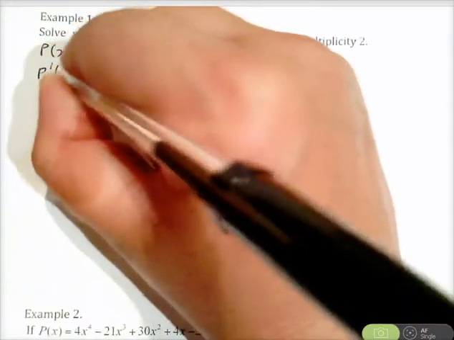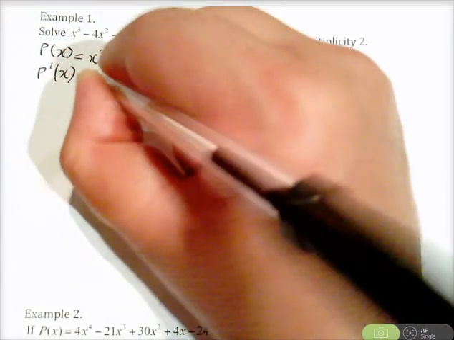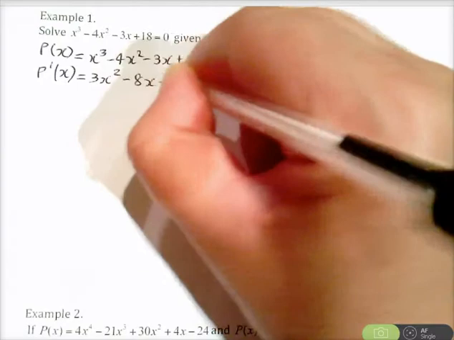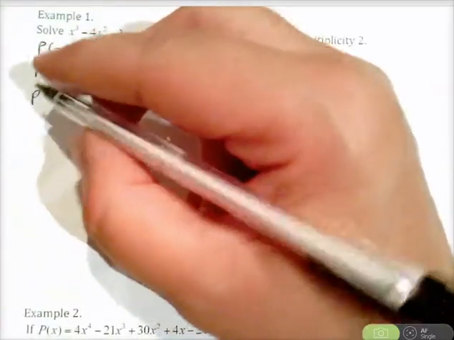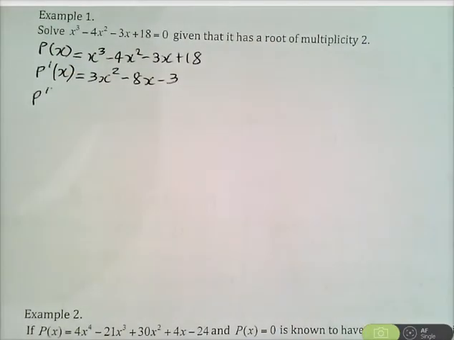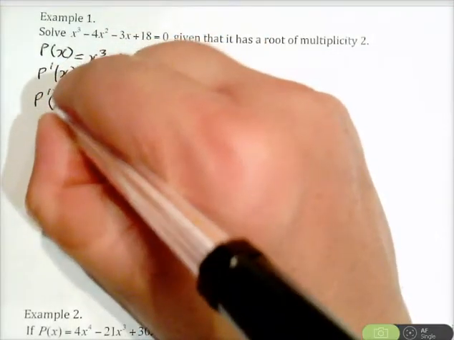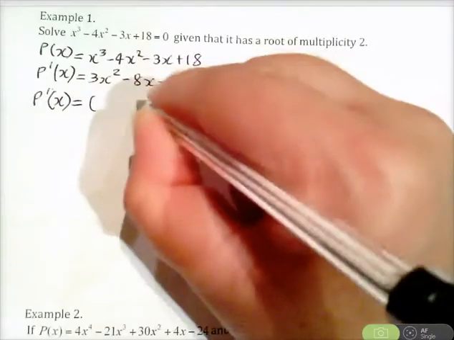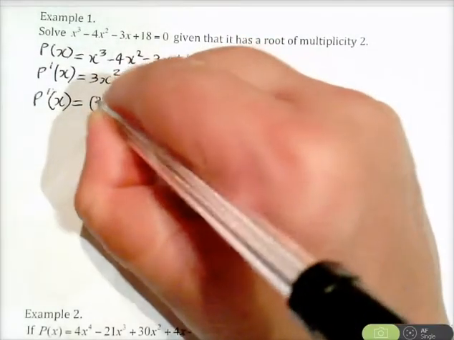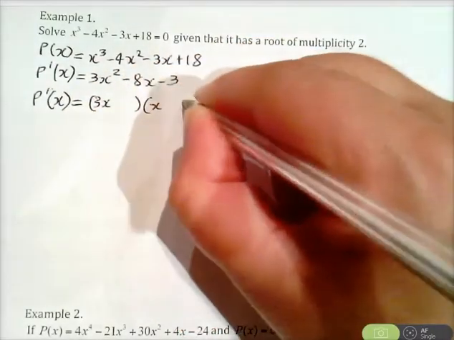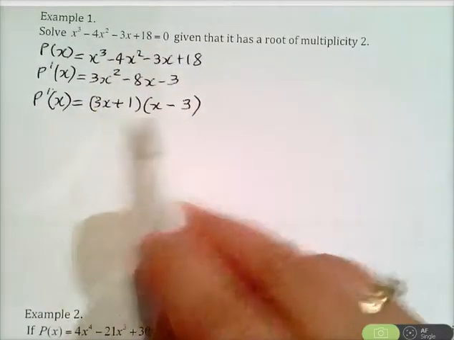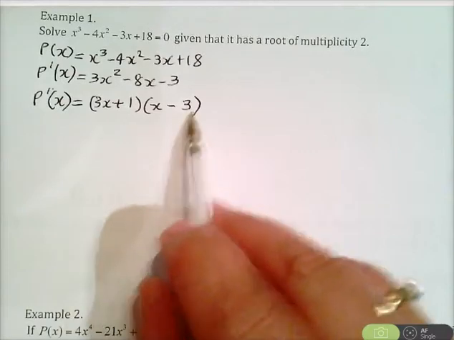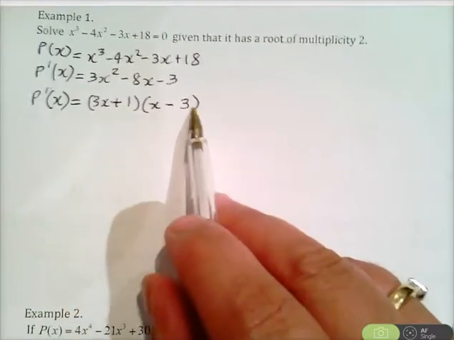We need to look at the first derivative, which is 3x squared minus 8x minus 3, and we will factorize it. We should get 3x squared minus 9x plus x minus 3.